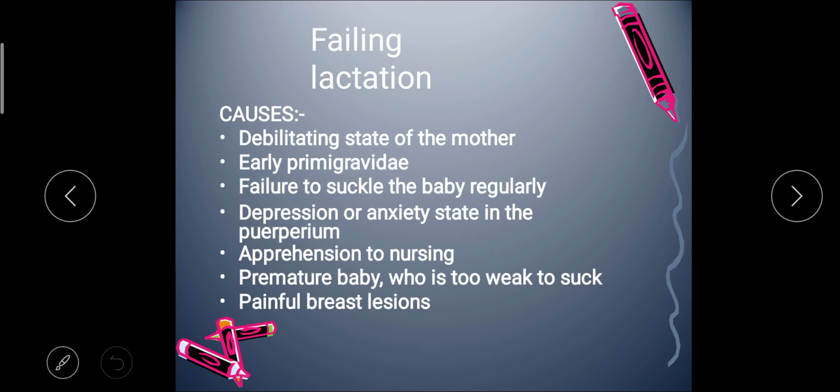Next, we have one complication of the postnatal period, that is failing lactation, meaning the mother is unable to feed the baby. What causes failing lactation: debilitating state of the mother, elderly primigravida, failure to suckle the baby regularly, depression or anxiety state in the puerperium, apprehension about nursing, a premature baby who is too weak to suck, and painful breast lesion.